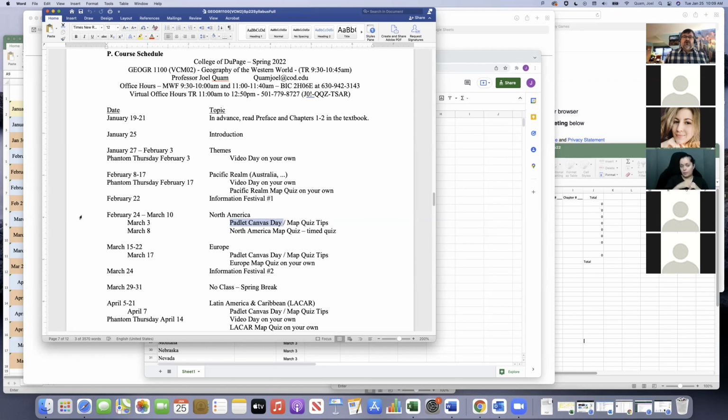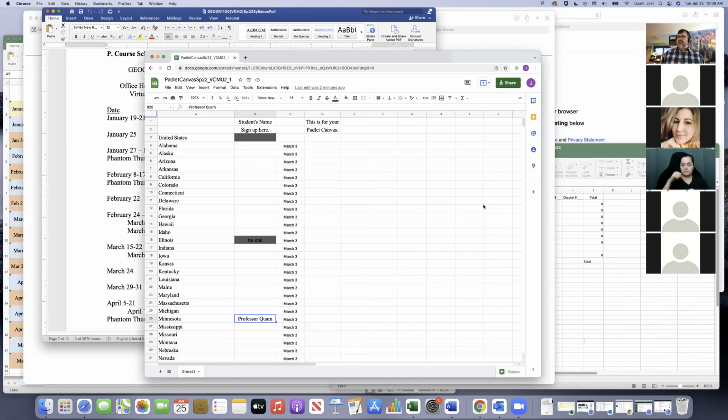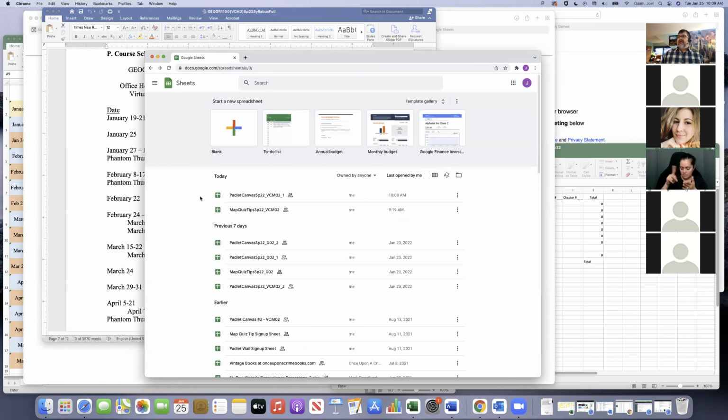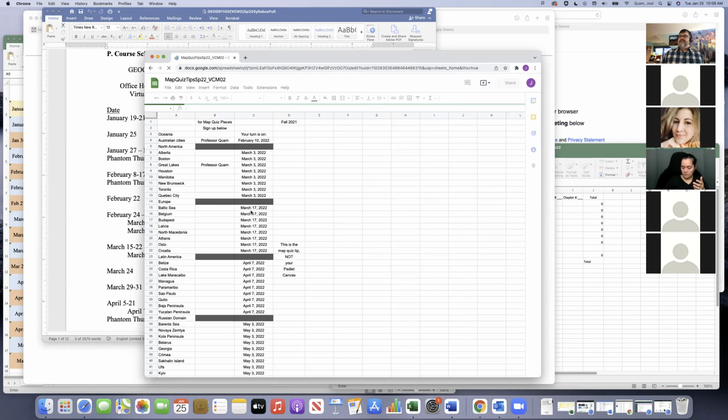Okay, so map quiz tips for Europe. Again, you'll have picked one on the sign-up sheet for map quiz tips.